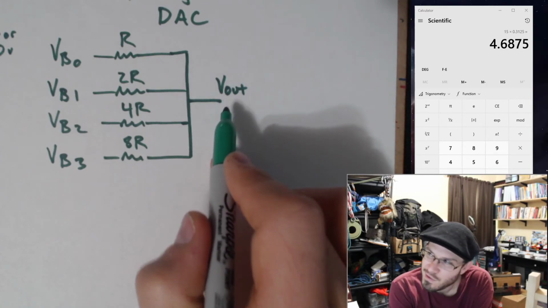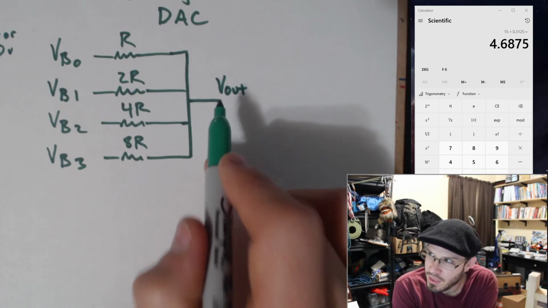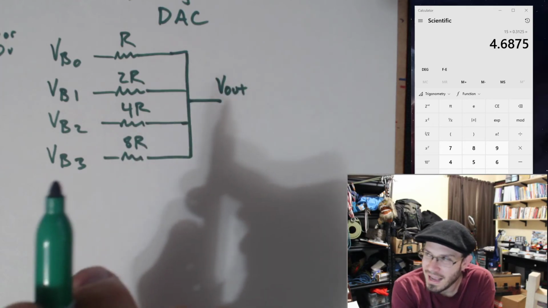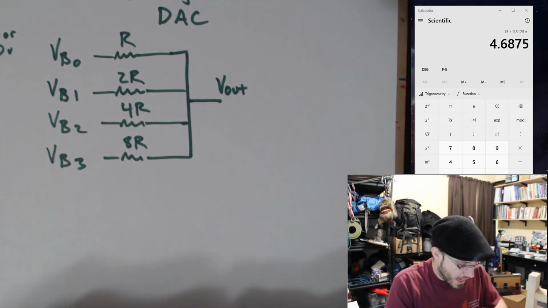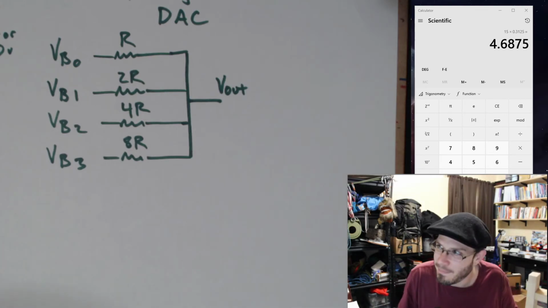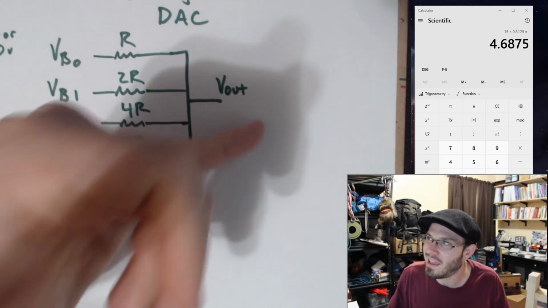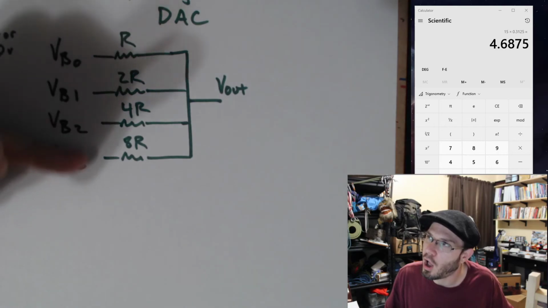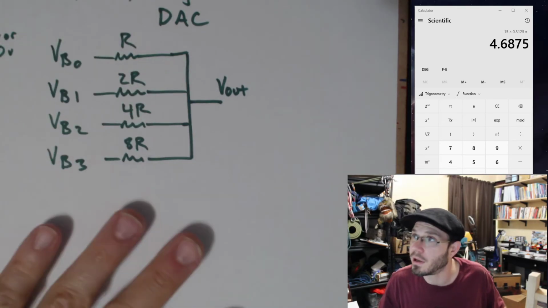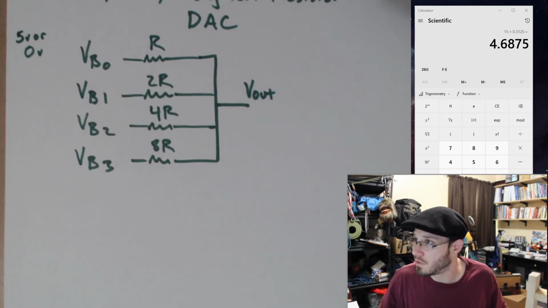To calculate this, we're going to have to use Millman's theorem. But first, I think I'd like to share an LT Spice example so that we can see how the output changes for all of our binary inputs in terms of voltages.